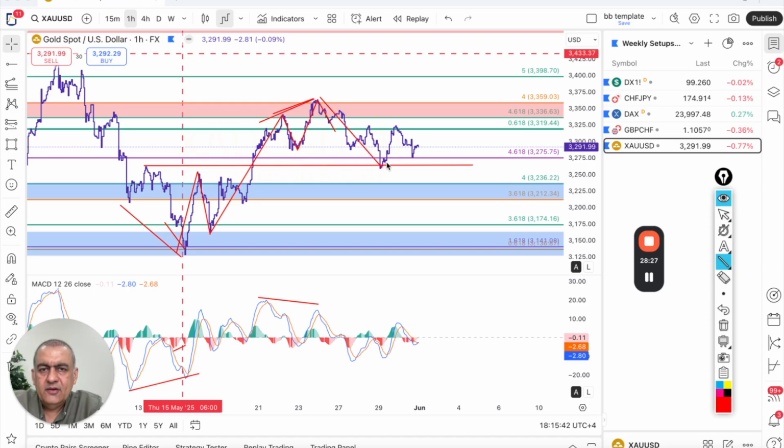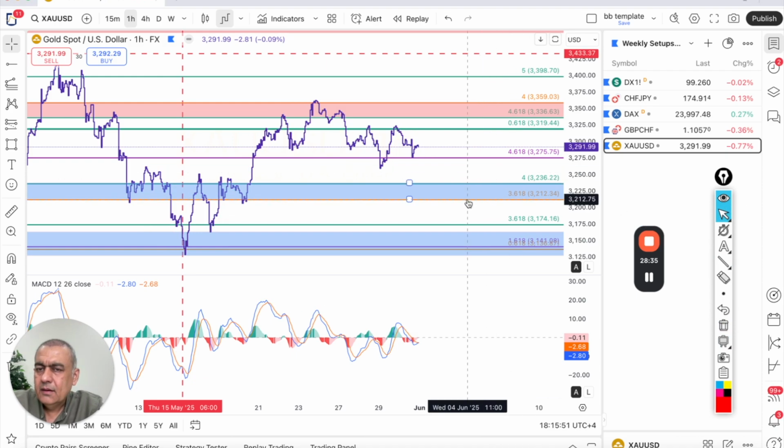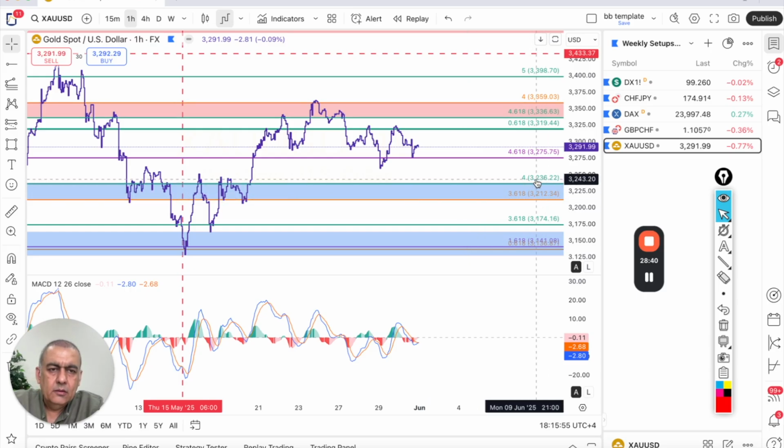So this could be taken as short-term correction and continuation. So ultimately I'll be looking for buying opportunity only, but it can move downwards towards 3212 to 3236. So until it holds above 3212, or you can say round number 3200, the plan remains bullish.